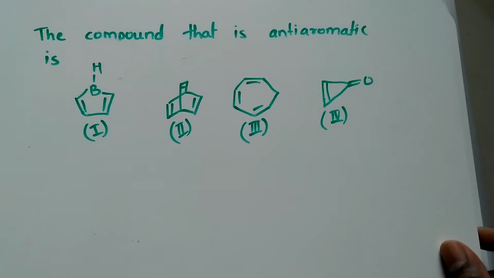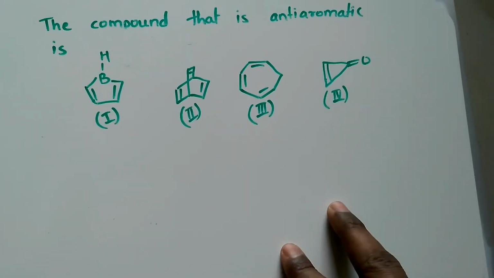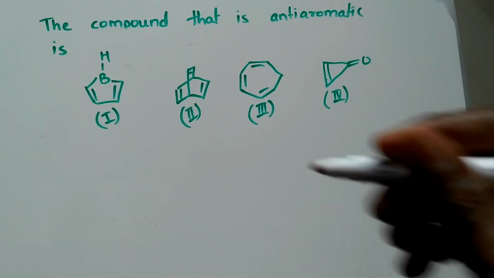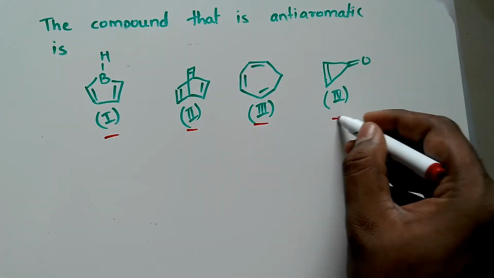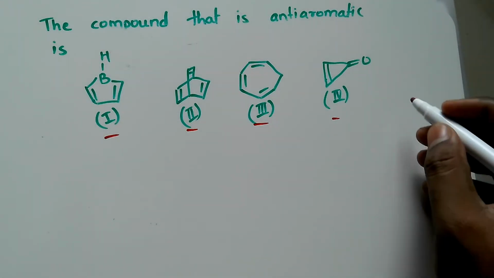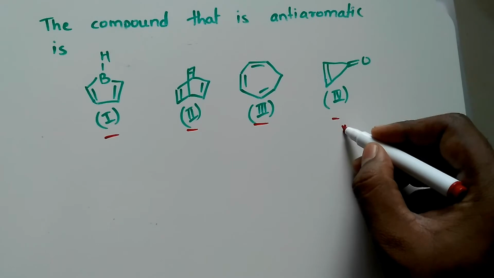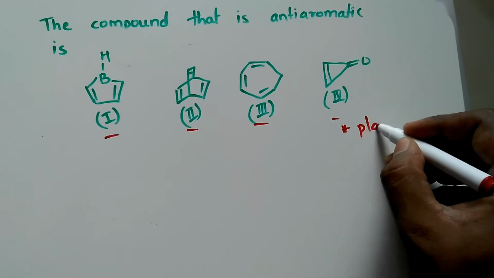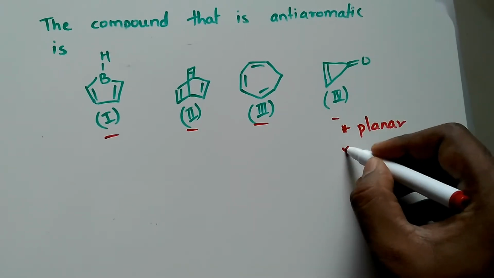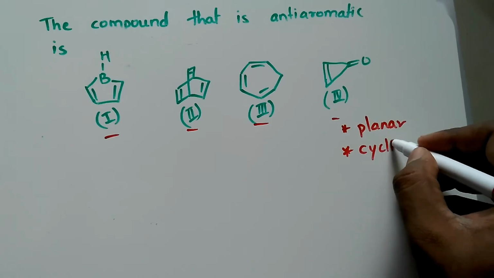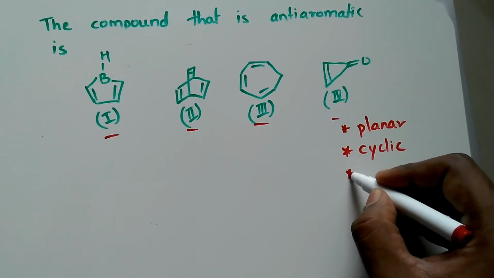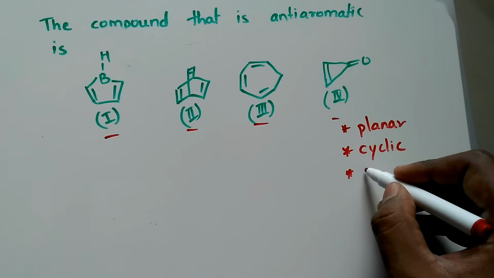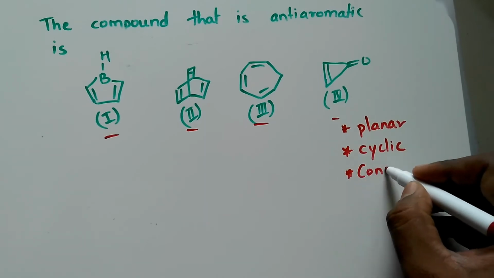In this question, we are having the following compounds, and we have to check which is the anti-aromatic one. For anti-aromatic, what is important? It should be a planar structure. It should be cyclic. It should have delocalized conjugation.